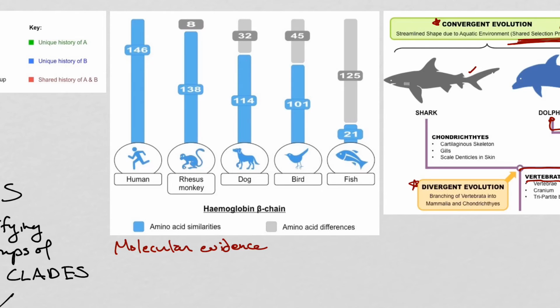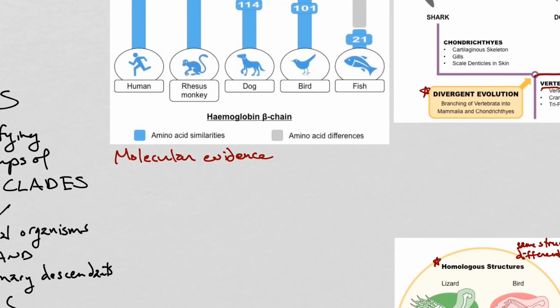So since all organisms use DNA and RNA as hereditary pieces of information, since we all use them in the same way, then these DNA and RNA molecules can be used to determine how similar things are.